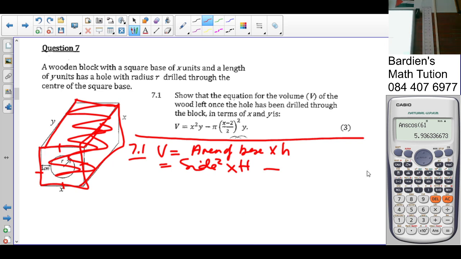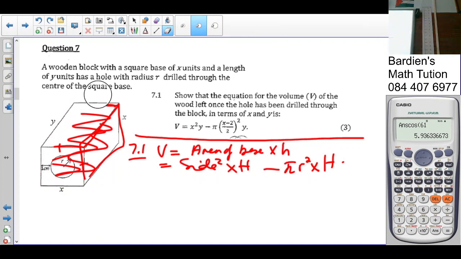Alright. So now we're going to subtract the volume of the cylinder. How do you calculate the volume of a cylinder? Area of base times height. Well, how do you calculate the area of a circle? Pi r squared times the depth of the object. Right, you guys understand?